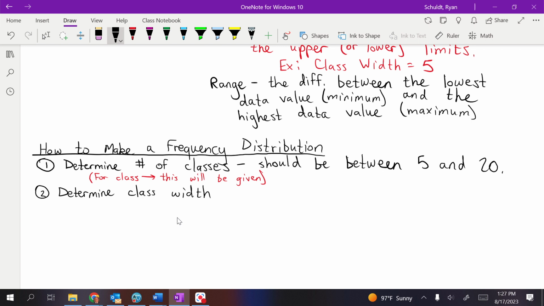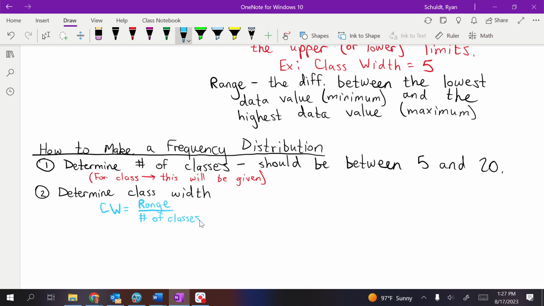So you don't have to remember the formula. It's on there. But we'll write it down. For class width, that formula is the range over the number of classes.